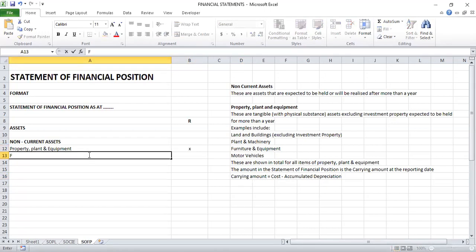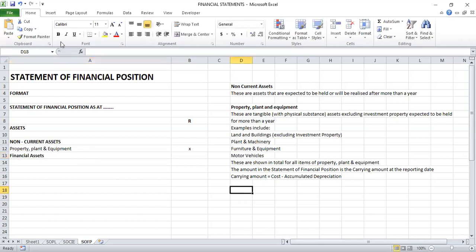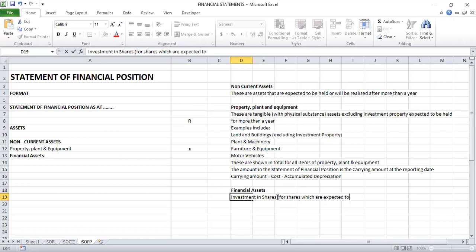Then we can also have financial assets. What are these financial assets? We include investment in shares, that means shares which are expected to be held for more than a year.